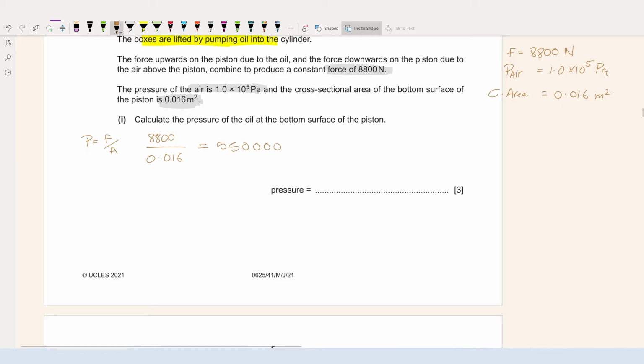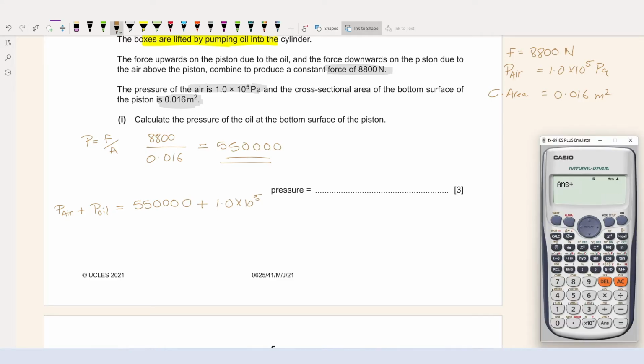Now they're asking the pressure of the oil at the bottom of the surface. So we have to add the air pressure and this pressure to get our total pressure. Pressure of air plus pressure calculated, which is for the oil, which will be 550,000 plus the air pressure given, which is 1.0 into 10 raised to power 5 Pascal.